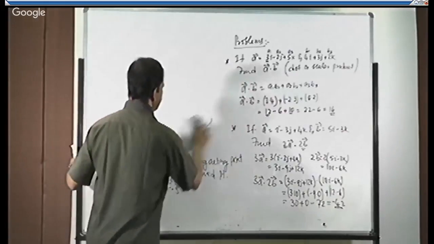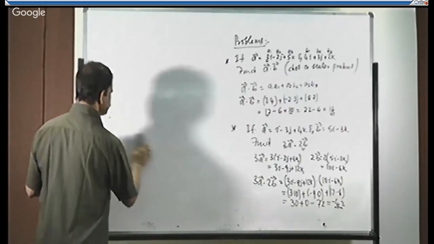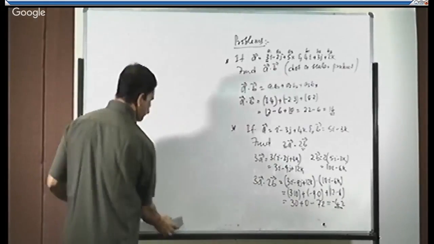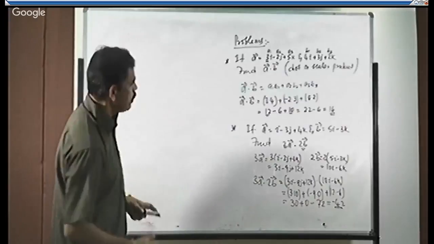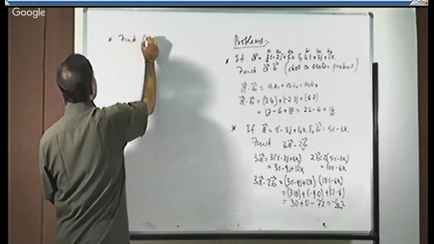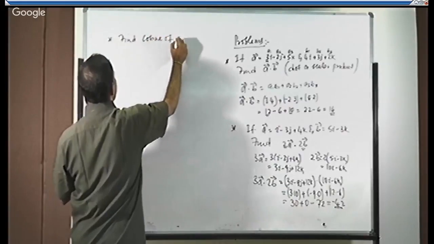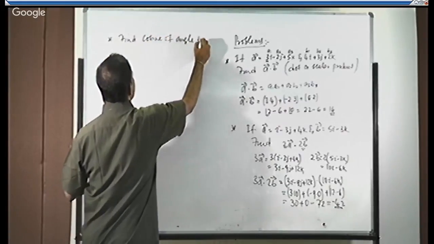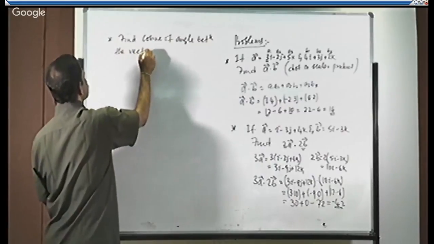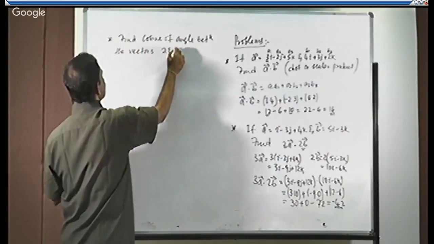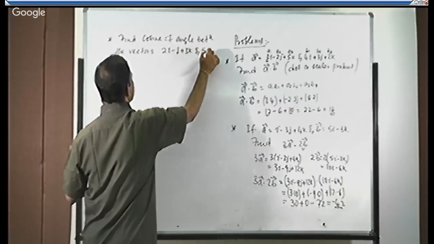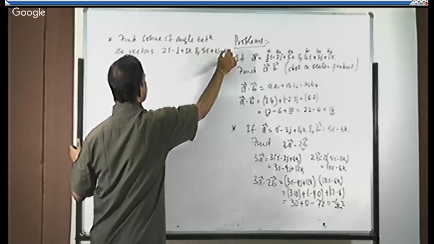Let us work out problems on getting cosine of angle and angle between the vectors. Find cosine of angle between the vectors 2i minus j plus 3k and 5i plus 2j minus k.